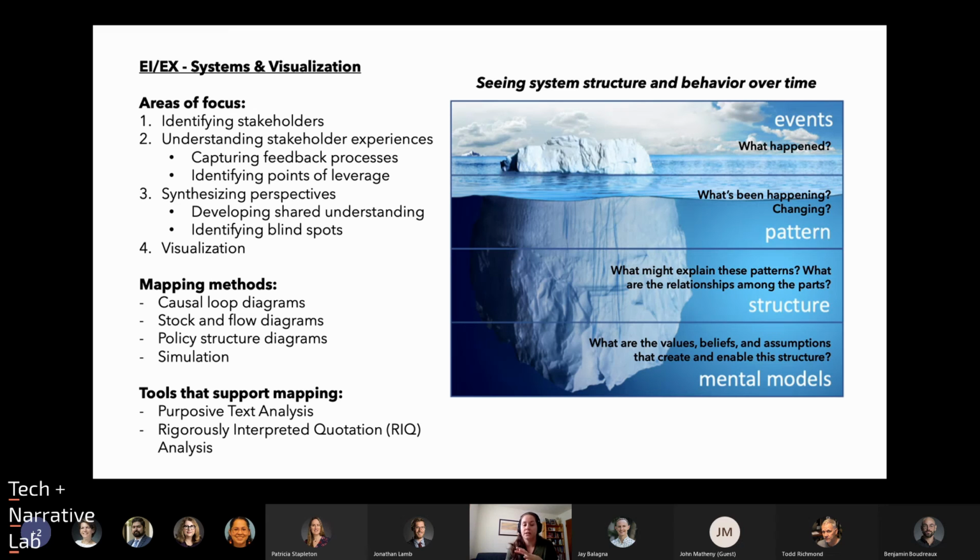And there are tools that support those mapping methods, including purposive text analysis and rigorously interpreted quotation analysis. These are explicit frameworks and tools that have grammars for the mapping, for example, and really specific best practices for how to apply these tools that we can adapt for the Eiex method.